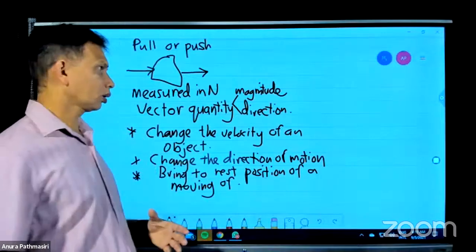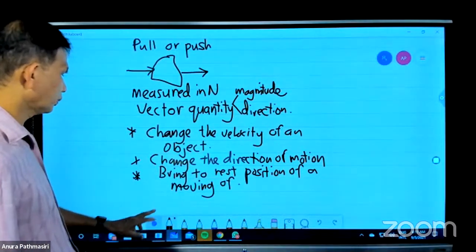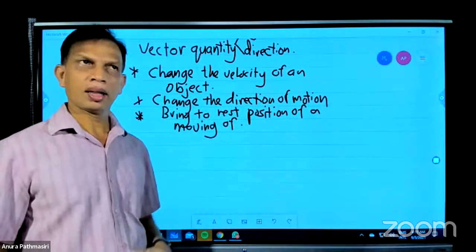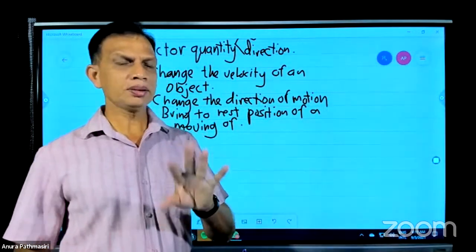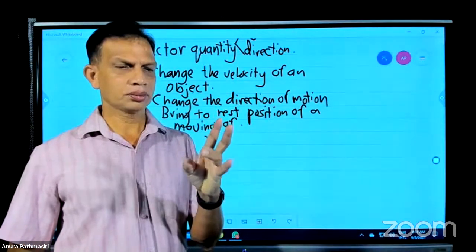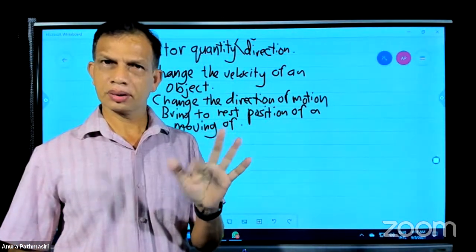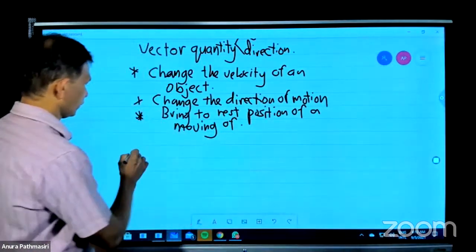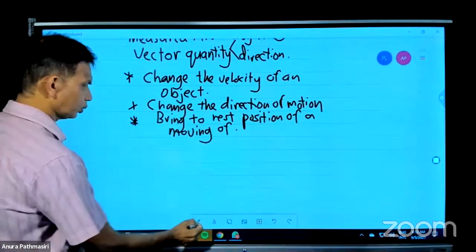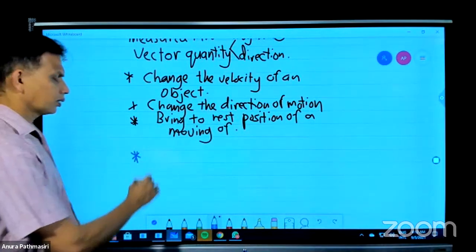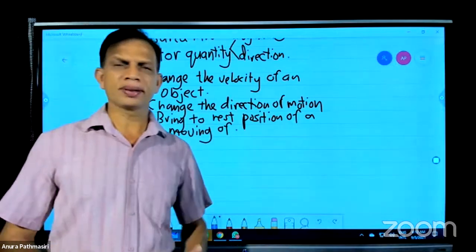Now, what is the relationship between mass, weight, and force? What's the relationship between these three? Children, this is so basic.